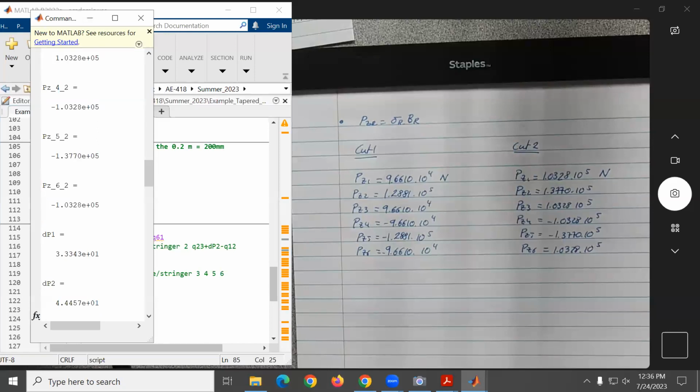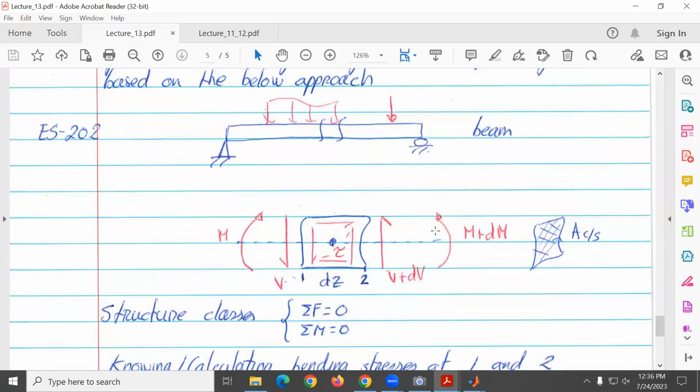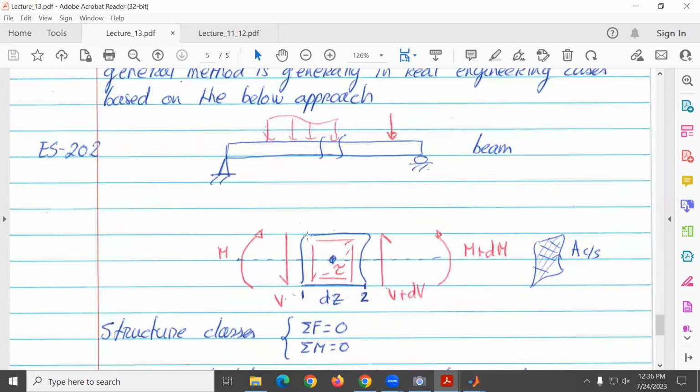Okay, so let's go a little bit back to review what we are doing. Let's say here you have a stringer at the top and a stringer at the bottom between cut 1 and 2. We found the stress at this location and the stress at this location. What are the units of stress? Force divided by area, correct?